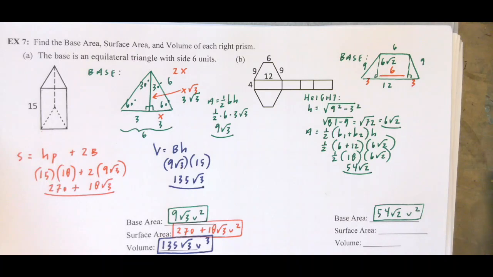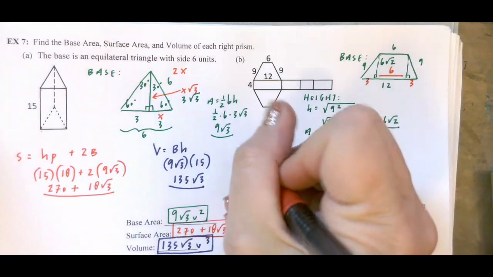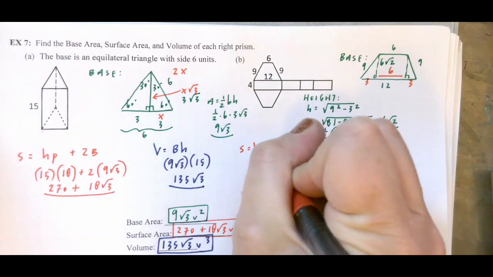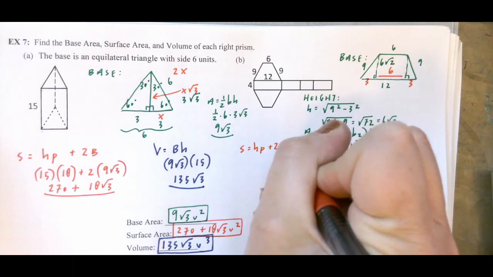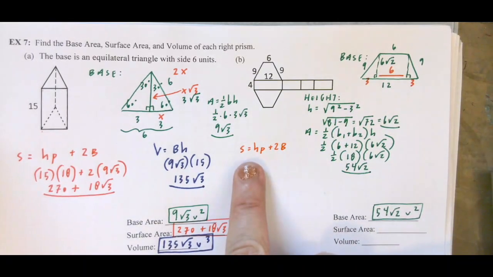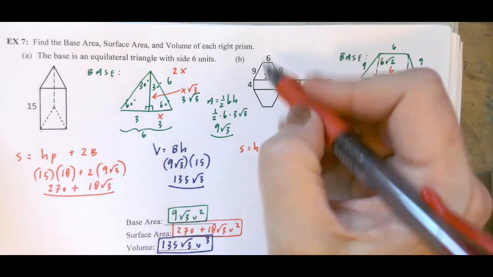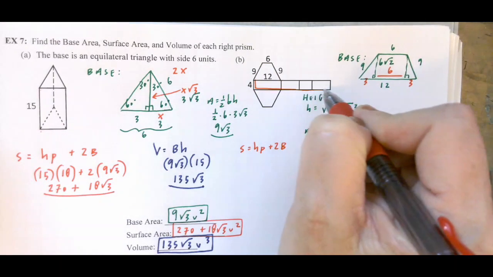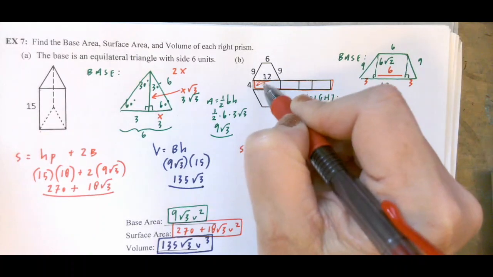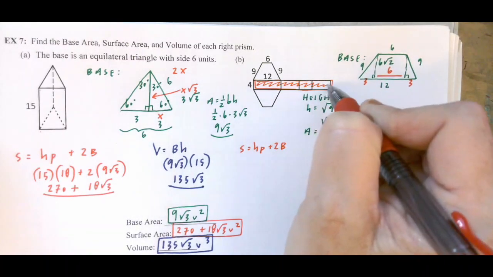All right, I still need my surface area and then also my volume. So surface area, I'll tuck that in here, HP plus 2B. So again, the height of the prism times the perimeter of its base. It's really looking at this chunk right here, this lateral area, as this big rectangle.